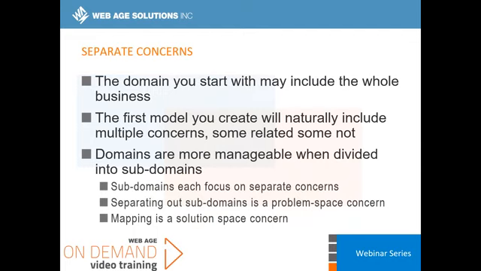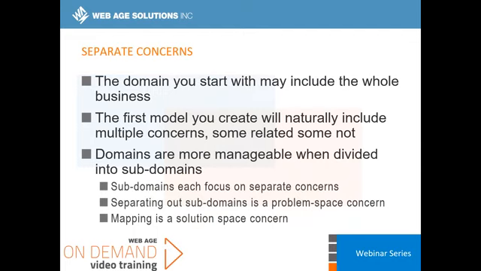What I should expect is that each of the separate concerns may have some kind of relationship or dependency on other concerns. And that's something I should be aware of, but I suggest that trying to define the connection between subdomains at the same time as you're trying to separate them out and figure out what goes with what can cause a problem if you're trying to create the relationships as well.